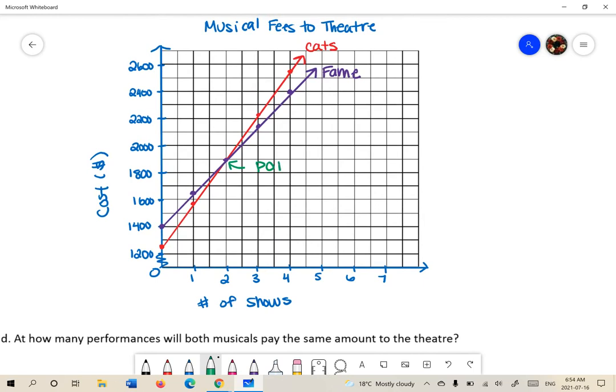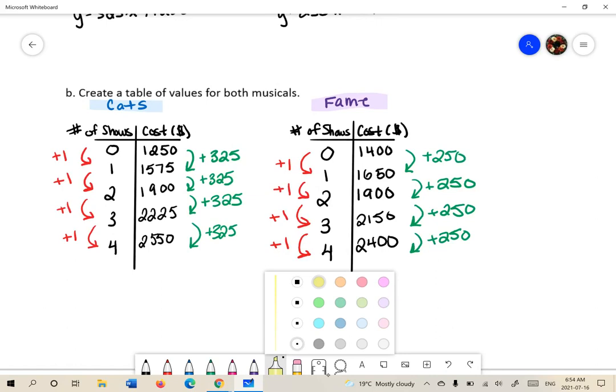It tells us that at this very point, 2, 1,900, both musicals will be paying the same amount. So at 2 shows, they will both be paying $1,900. Going back to my table of values, they both share that same point.